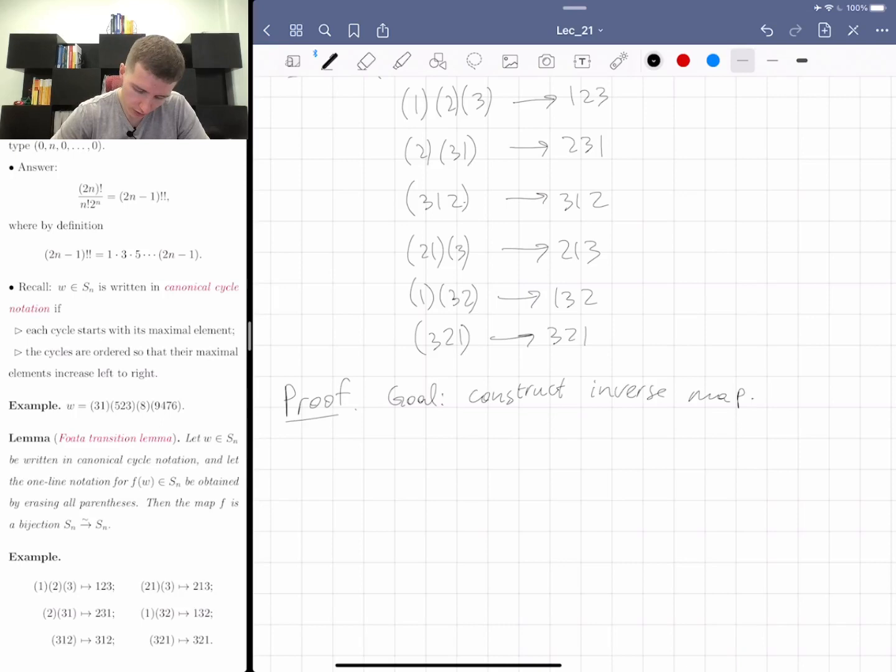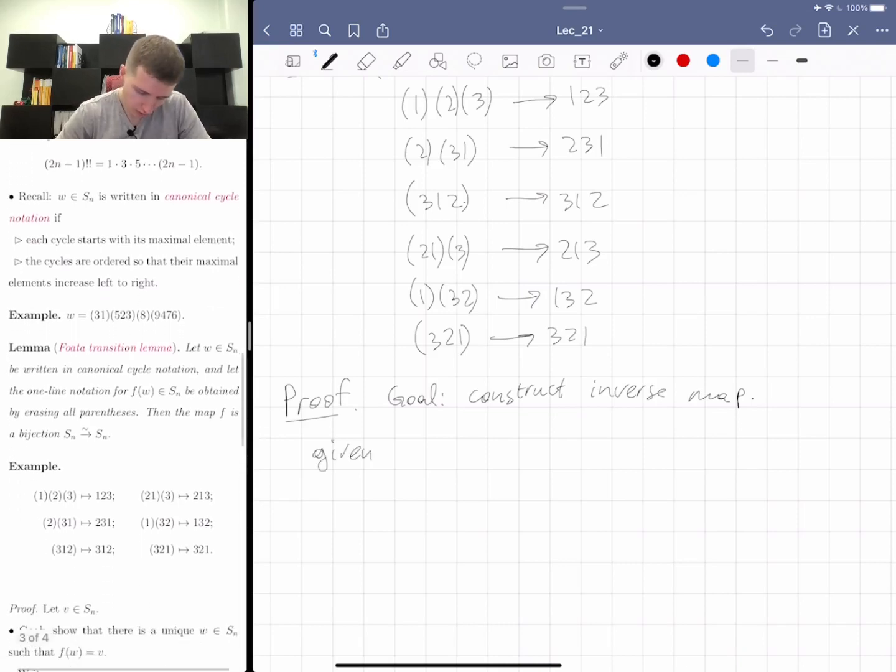So given a permutation V in S_n, we want to find W in S_n such that f of W is equal to V, and show that it is unique.